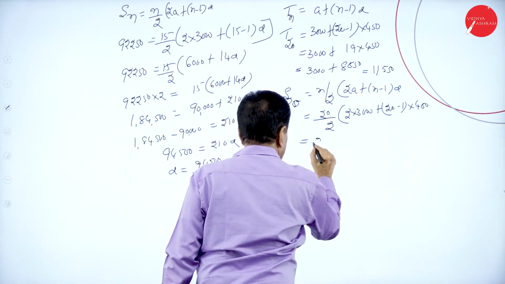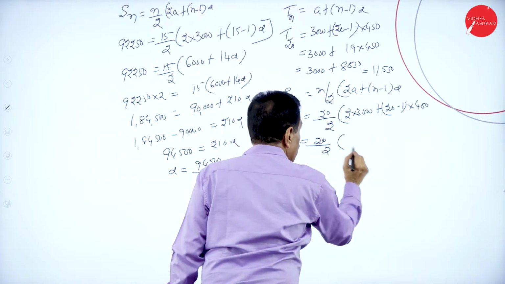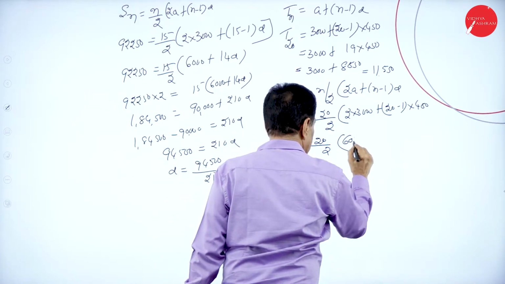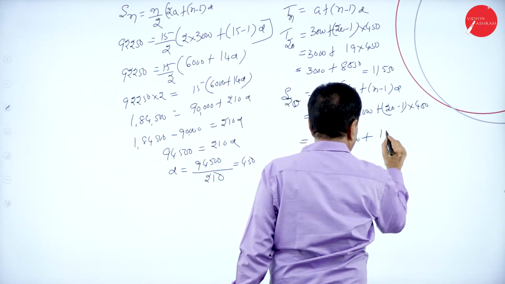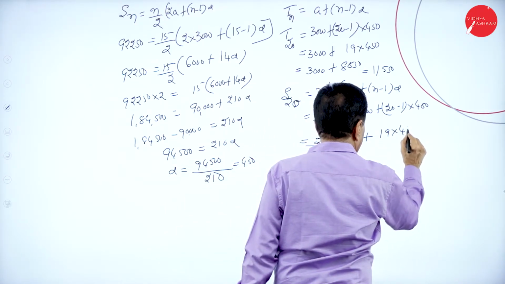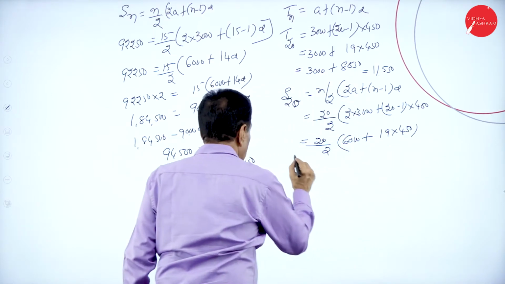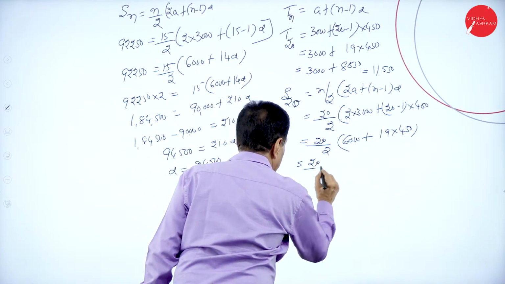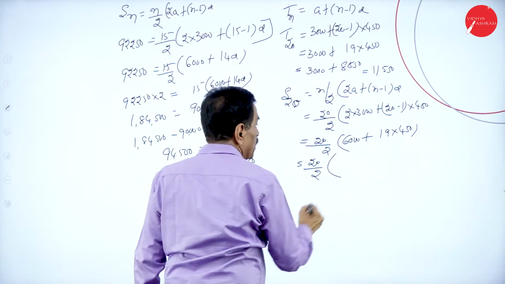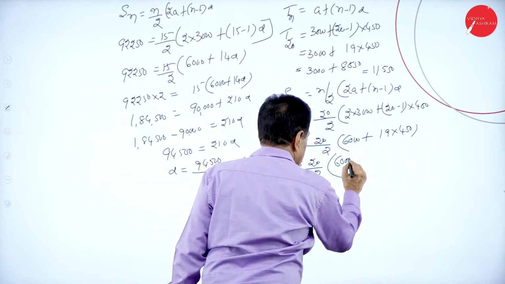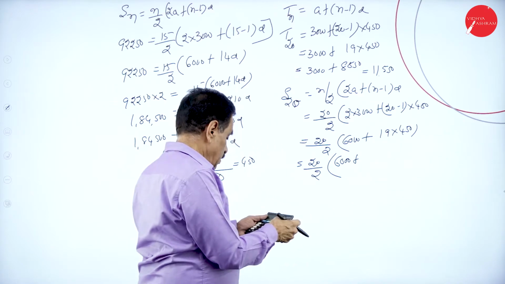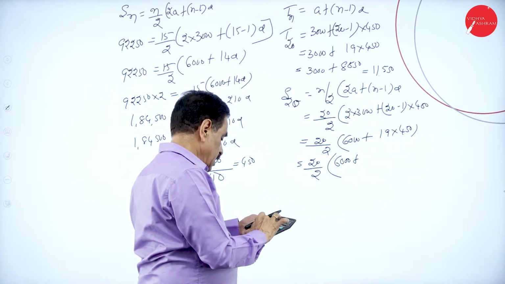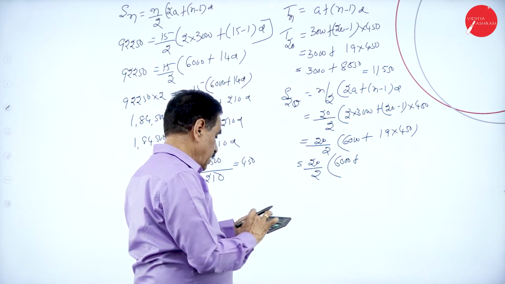This is 20 divided by 2 into 6,000 plus 19 into 450.